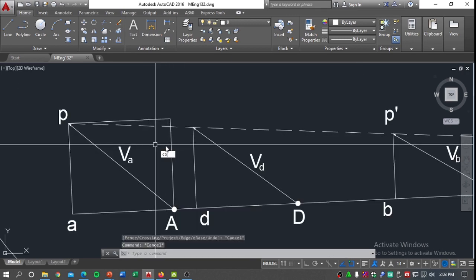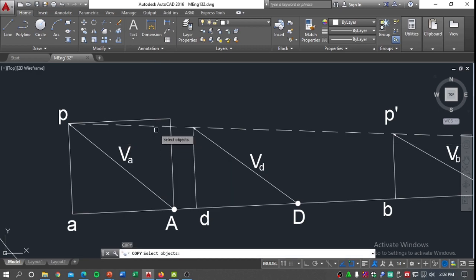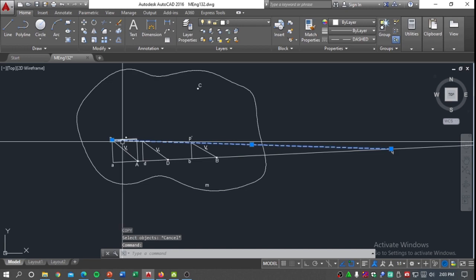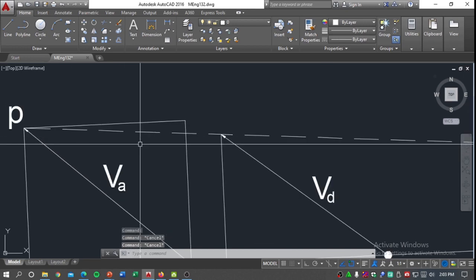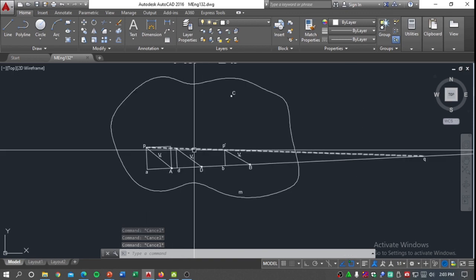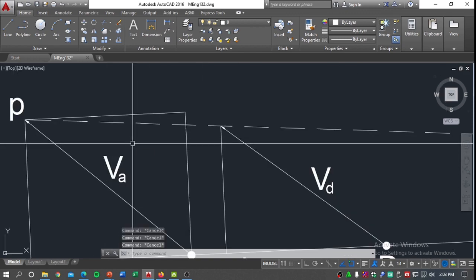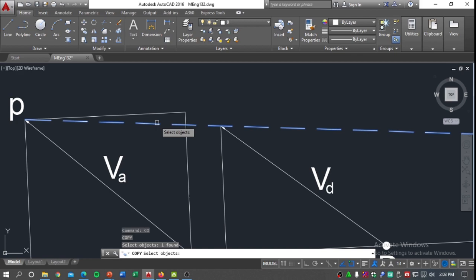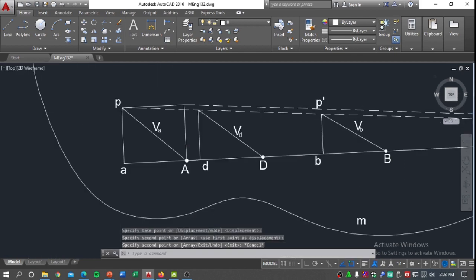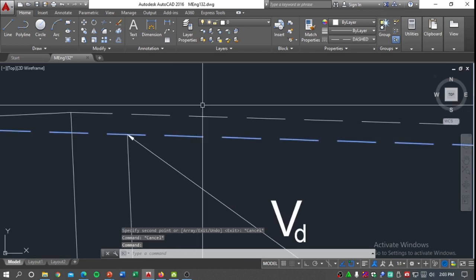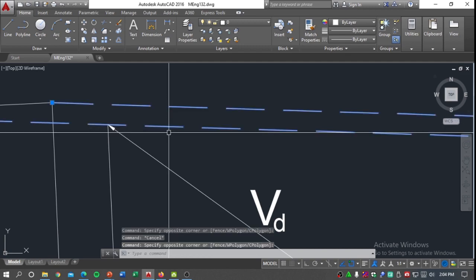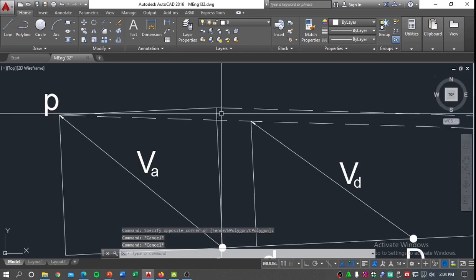Okay, how are we going to do that? We'll just have to copy or draw a line parallel to this line PQ. So since it should be parallel with line PQ, we'll draw this line from this line to here. So these two lines are parallel to each other.